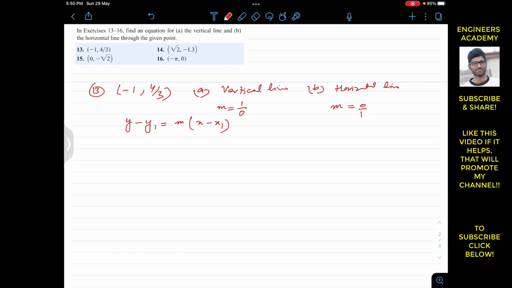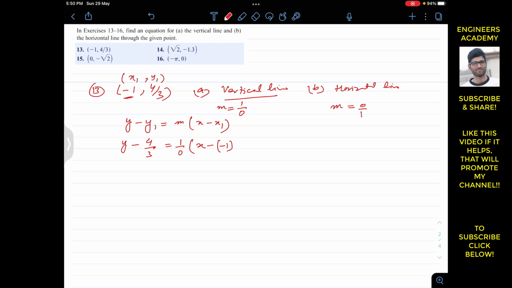So this is the point slope equation that you already know. Now this point is given, so this is the x1 and y1 coordinate. We need to put this x1 and y1 in the point slope equation. So we will have y minus y1, where y1 is 4 divided by 3, and the slope for part A is 1 divided by 0, and x minus x1, where x1 is minus 1.